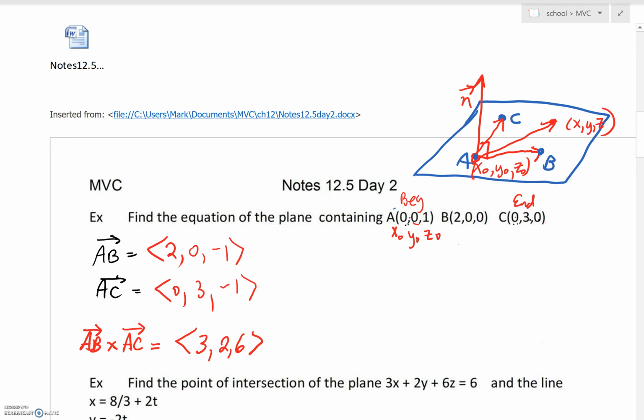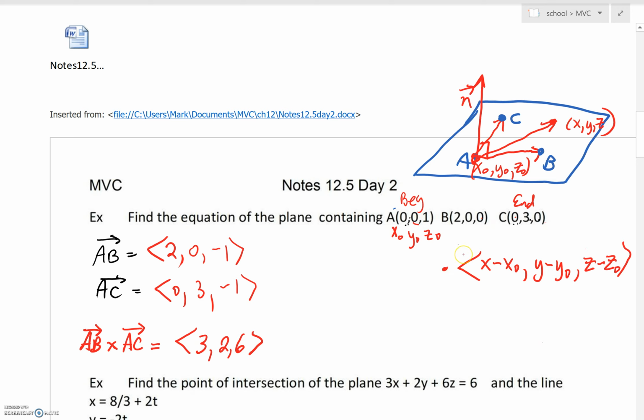We could do end minus beginning, x minus x naught, subtract your x components, end minus beginning. Do the same thing with the y components, y minus y naught, and then z minus z naught. This would be just an arbitrary vector going from point A to this point x, comma y, comma z.